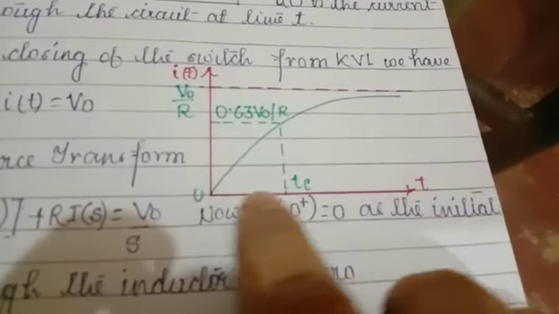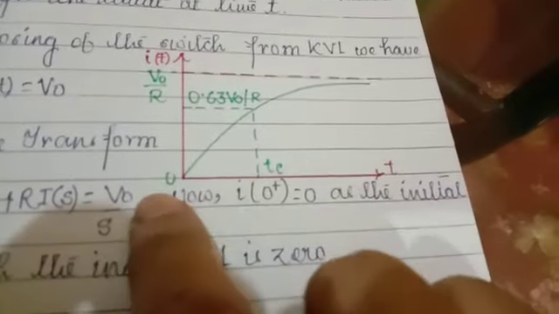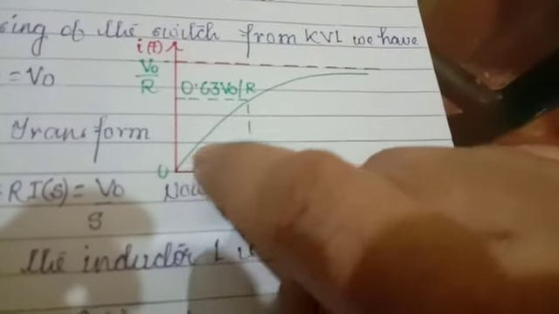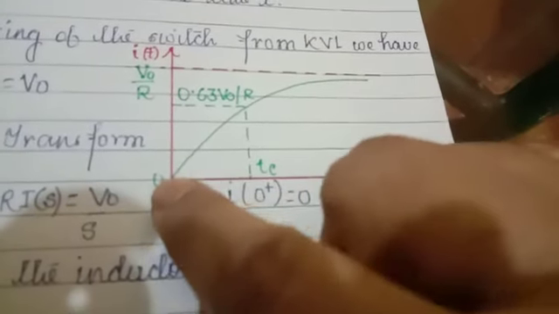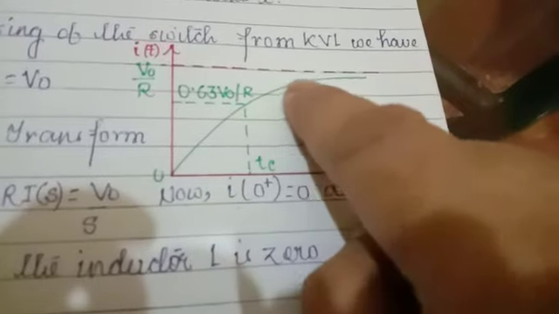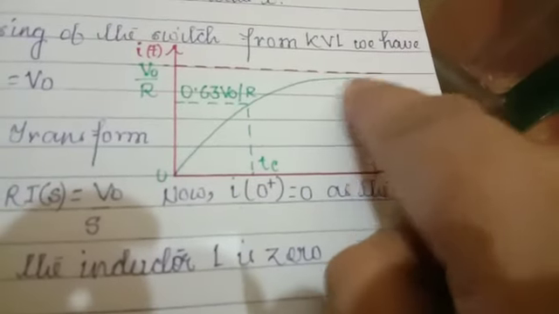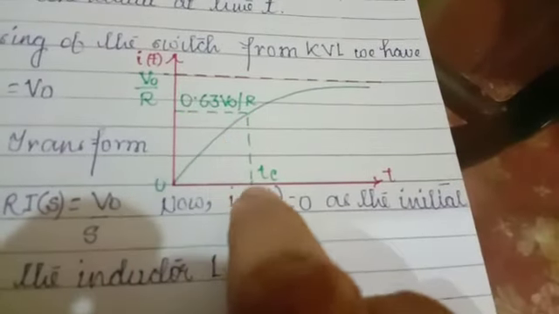So what will be the current response of this circuit? If I draw this current i(t) along the y-axis and t along the x-axis, so this is 0 and the current will grow exponentially. And if this red line is V0 by R, then after an infinitely large time, this current will almost approximate to V0 by R. And this is Tc.